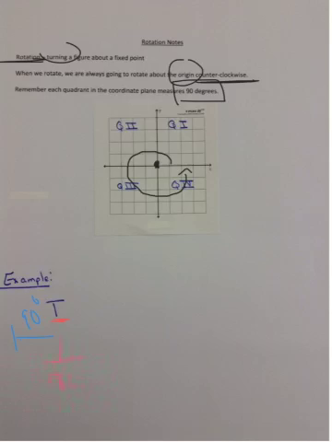So this would be a 180-degree rotation. Then if we were going 270 degrees, we have 90 on the left, we have 180 upside down, so one more quadrant, our T would look like it's on the right side, so that's a 270-degree turn. And then if we were going 360 degrees, that would take us back exactly where we started.